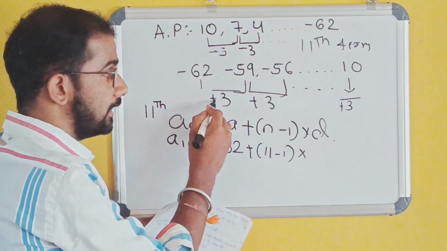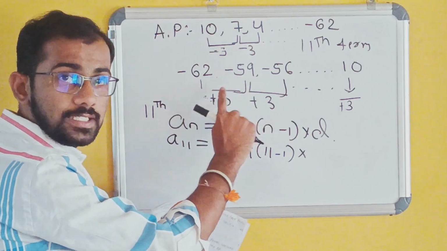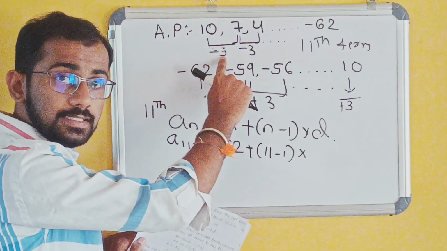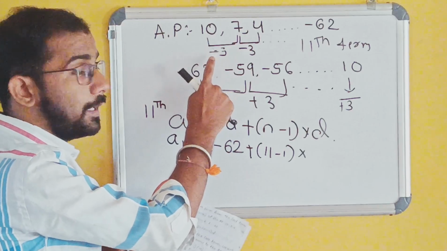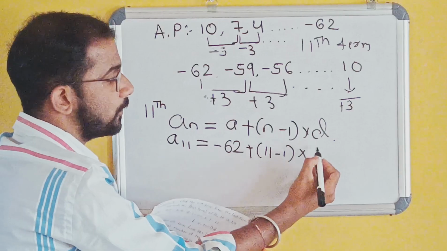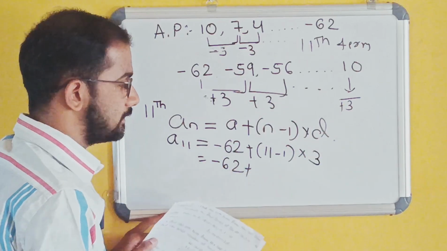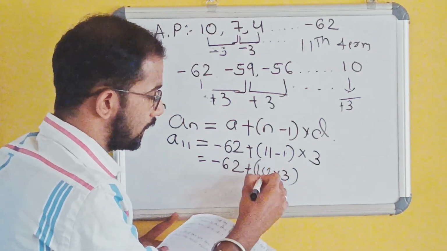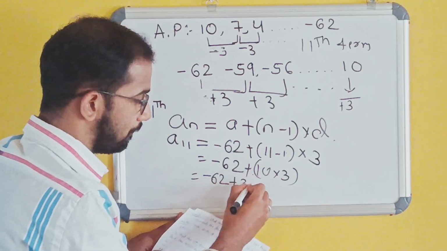In the new sequence the consecutive difference is plus 3, whereas in the given sequence it is minus 3. But here we are solving with the new sequence, so I wrote plus 3. Minus 62 plus 11 minus 1, which is 10, into 3, equals minus 62 plus 30. 10 threes are 30.